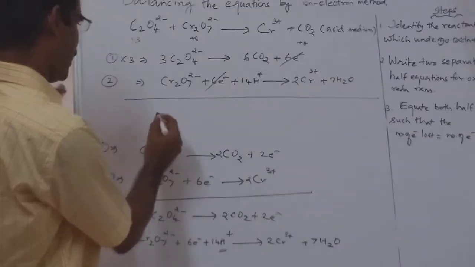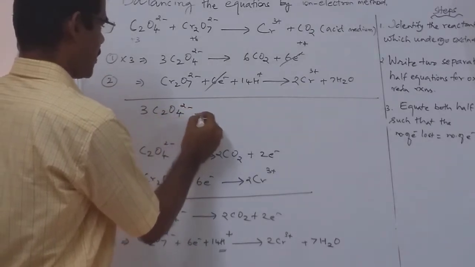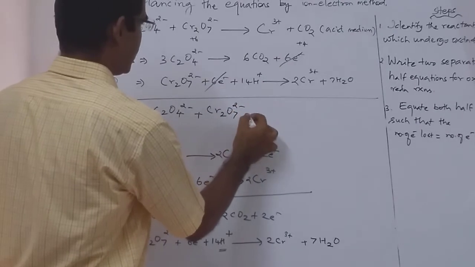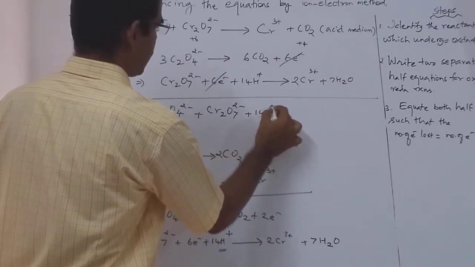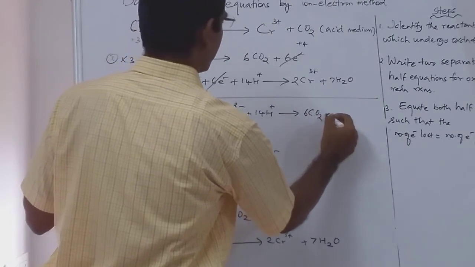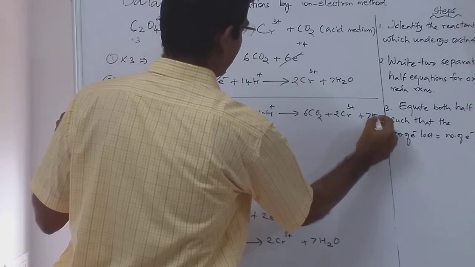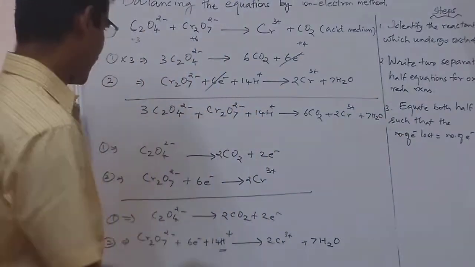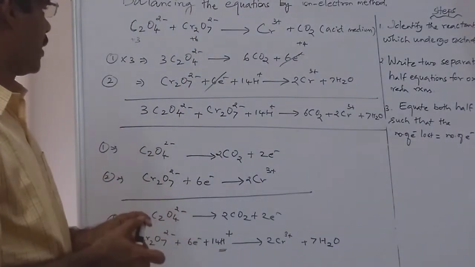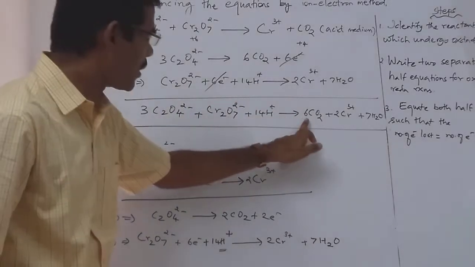இப்போ எல்லாத்தையும் add பண்ணி எழுதுனா என்னன்னு பாருங்க: 3C2O4 2 minus plus Cr2O7 2 minus plus 14H plus will give you 6CO2 plus 2Cr3 plus 7H2O. Now let us check whether all the atoms are equal on both the sides. இப்போ கவனிச்சு பாருங்க, in the left hand side we have 3 into 2, 6 carbon atom, right side எவ்வளவு இருக்குங்க, 6 carbon atom.